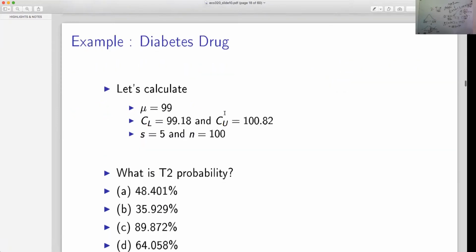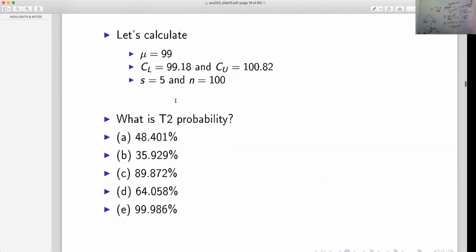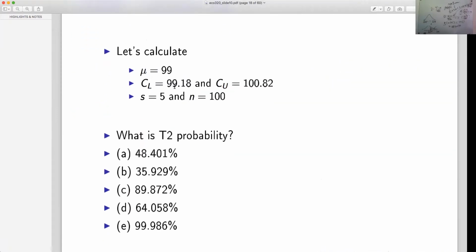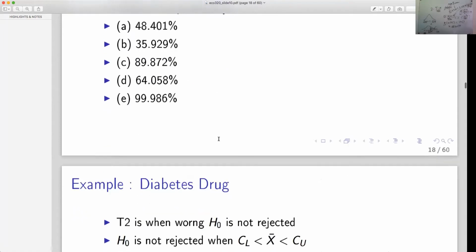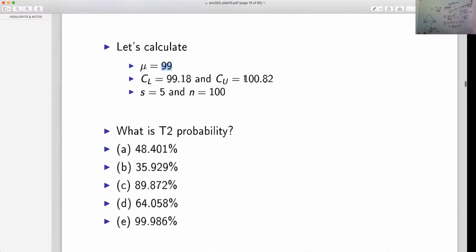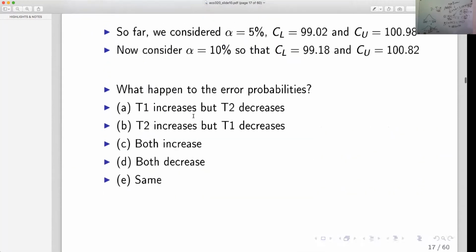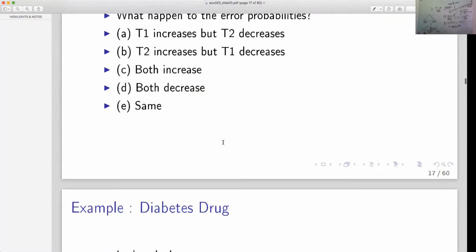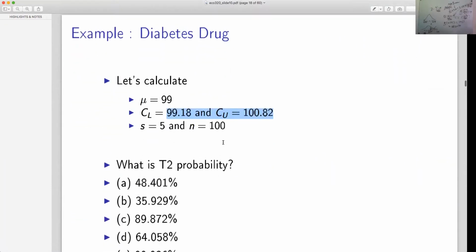Okay, so let's calculate that. What is the type 2 error? Our upper and lower bounds became different with a 10% level, right? So let's try to calculate type 2 error.